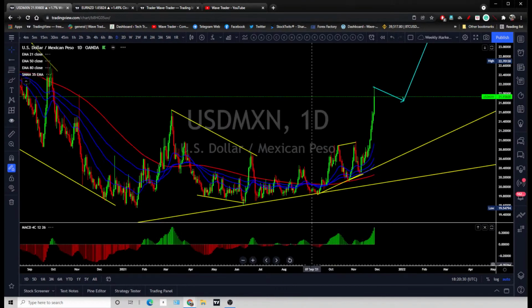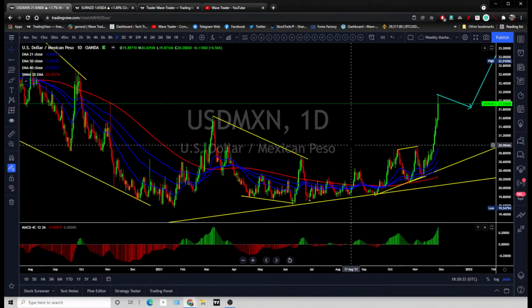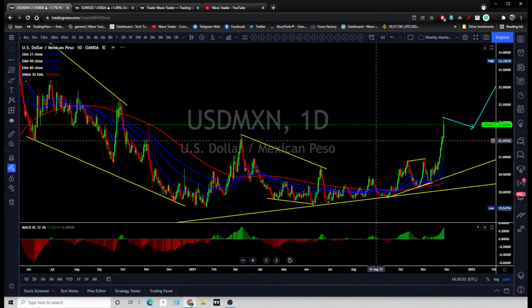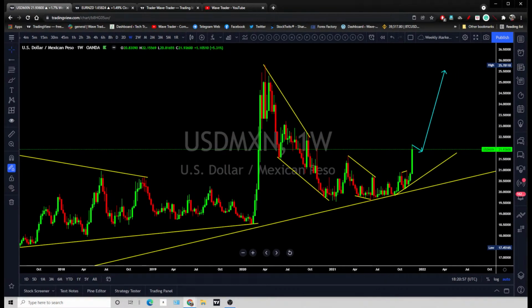Always before a big run or big aggressive move, price goes into consolidation or accumulation. The accumulation period is the period where you should try to get into the market, and timing is very important at the accumulation period. We can say that's the accumulation period, or correction.